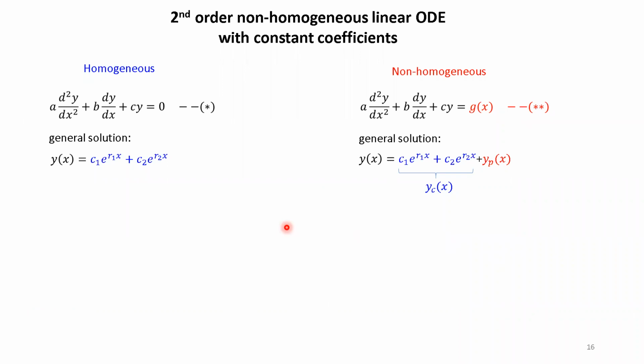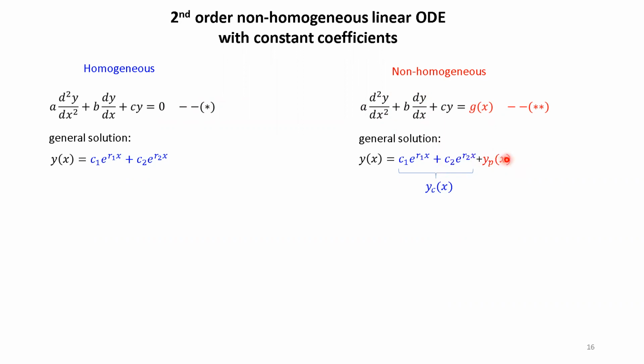So that's pretty much about the so-called homogeneous linear ODE. Homogeneous means the right-hand side is 0. Now we will consider a slightly more complicated case where we have some non-zero function on the right-hand side. For that case, the general solution can be written as a sum of two parts.